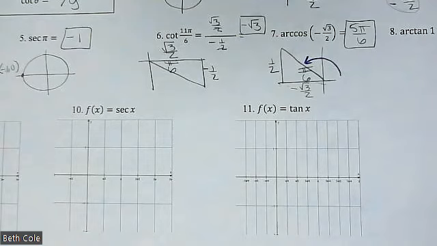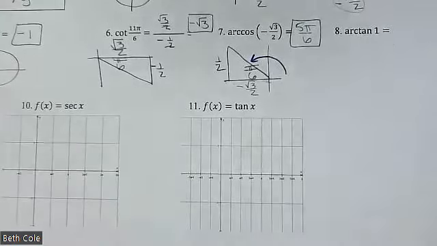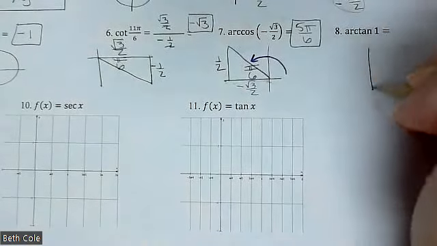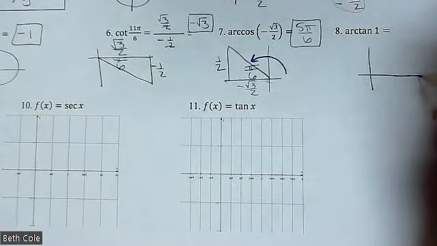Now I put arctangent of 1 because of all the ones that could show up on the AP exam, that's the one I've seen the most often, because it's the tricky one and they're going to try to trick you. The 1 makes you think of up, down, left, right. But for tangent, it isn't. It's in quadrant 1. How do you end up with 1?